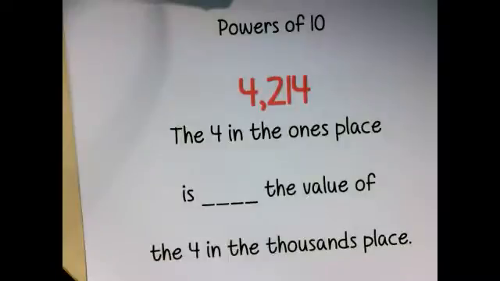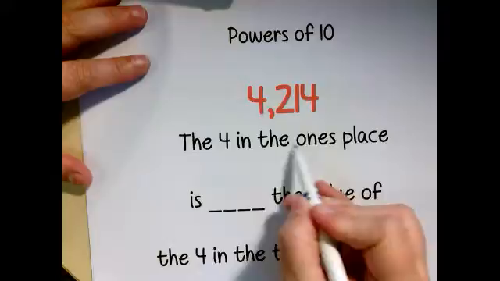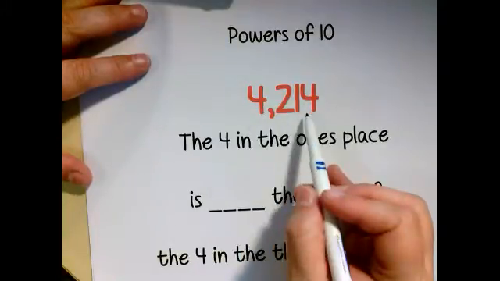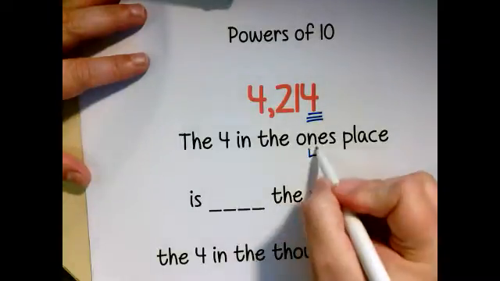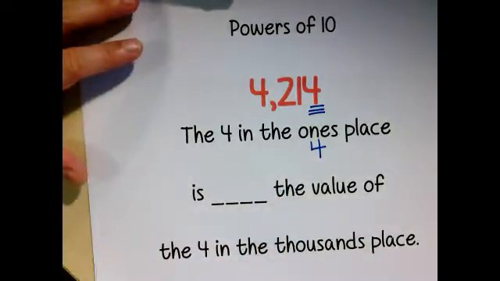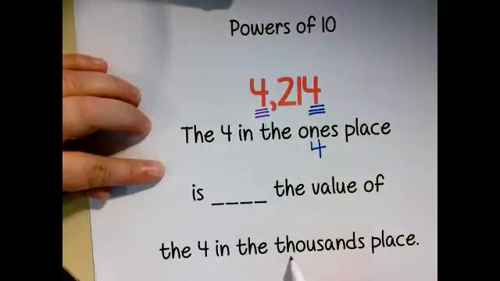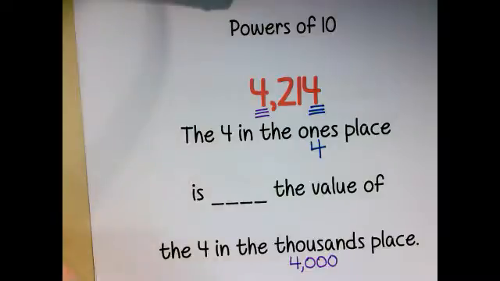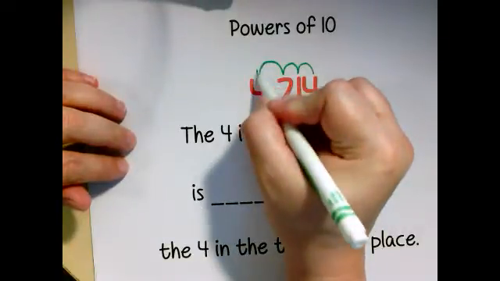Here's another one. All right. The 4 in the ones place. So I have 4,214. The 4 in the ones place over here, and I know that has a value of 4, is blank the value of the 4 in the thousands place. So over here is my 4 in the thousands place, and I know that has a value of 4,000. So how many jumps does it take to go from one to the other? So it takes 1, 2, 3.